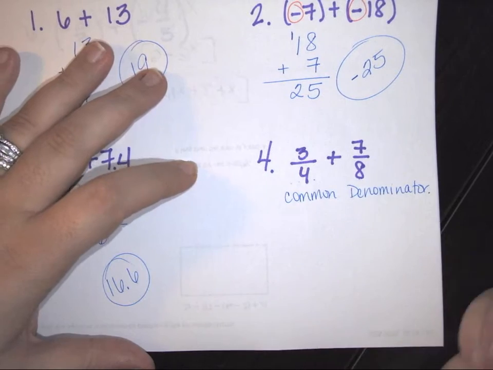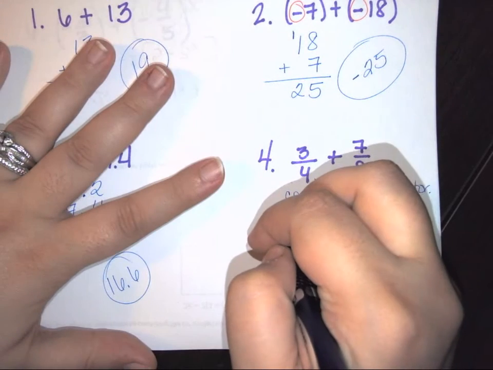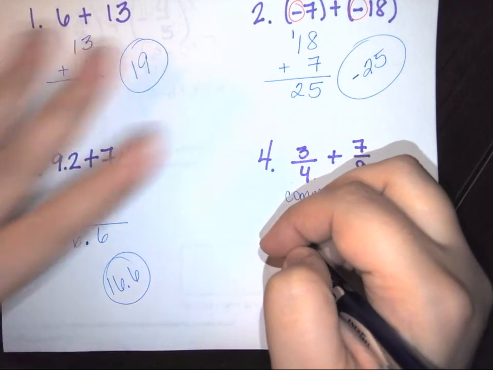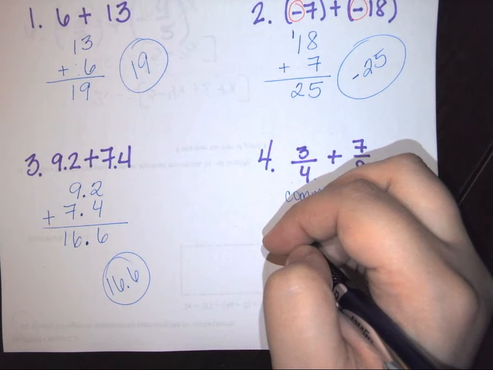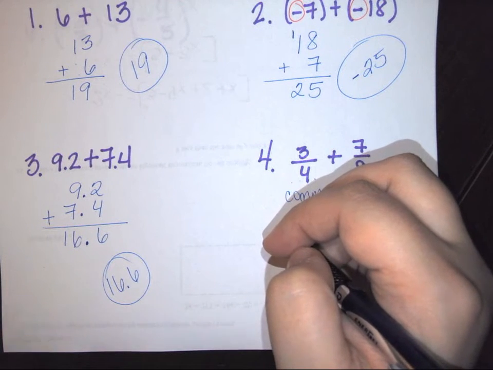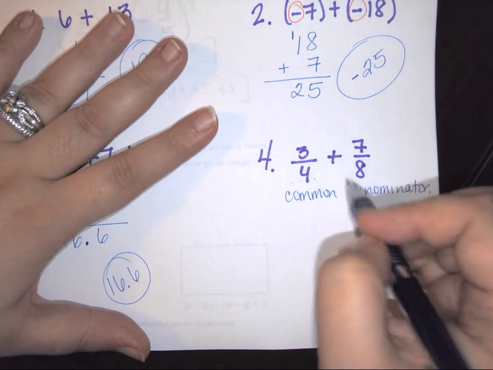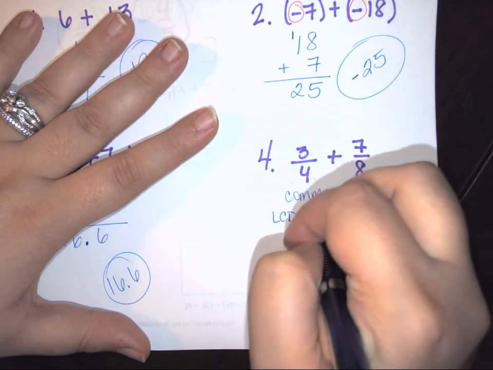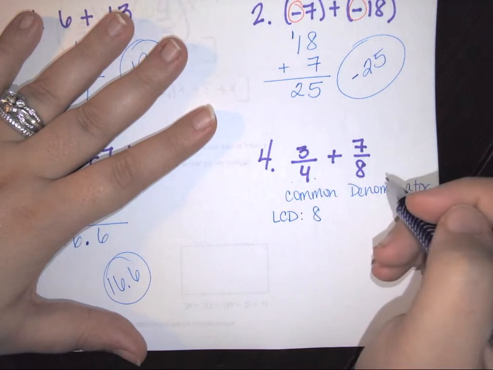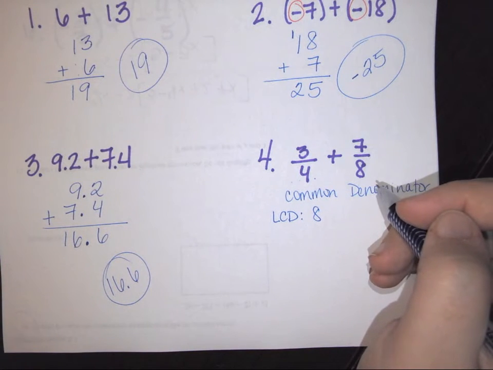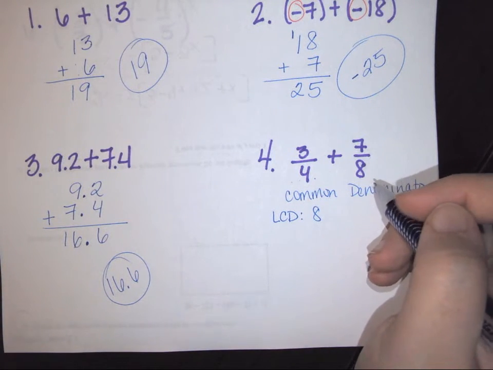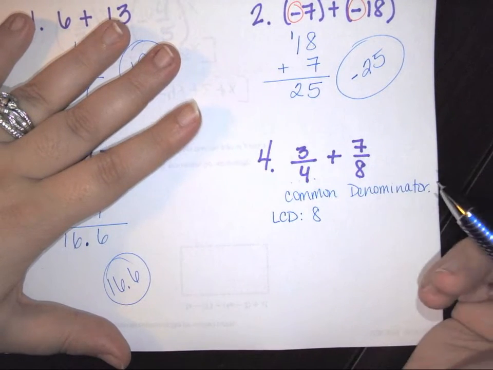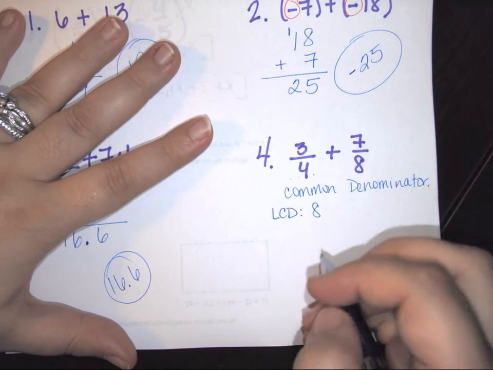Well, I can turn a 4 into an 8. And so my least common denominator in this case is going to be an 8. Then I look at how I turn 4 into 8. Well, I do that by multiplying by 2.